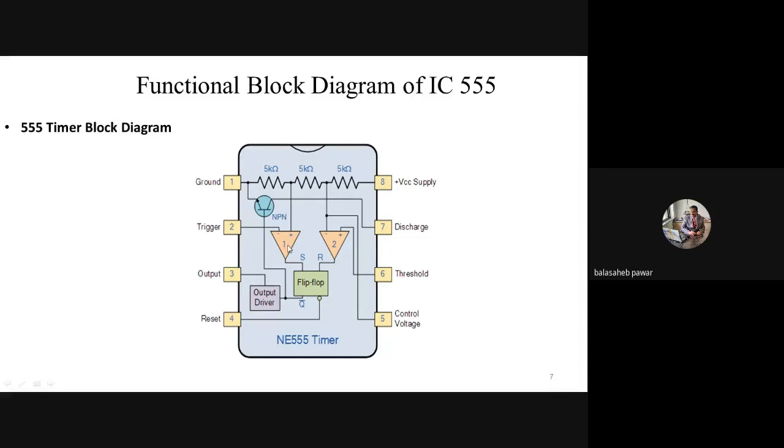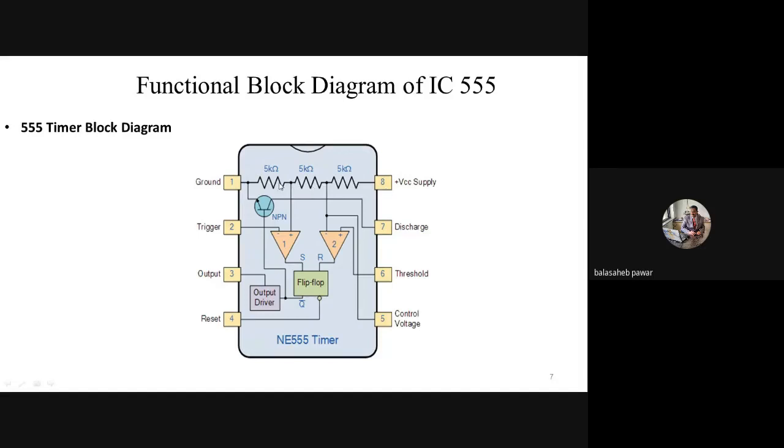For the first comparator, its non-inverting terminal is connected over here. So how much will be the reference voltage for the first comparator? It will be equal to the applied VCC, which may vary from 8 volt to 15 volts. That applied DC voltage is across the 5 kilo ohm with respect to ground, we have to measure this load voltage, right?